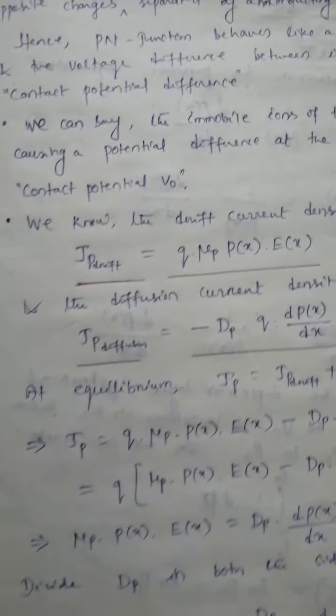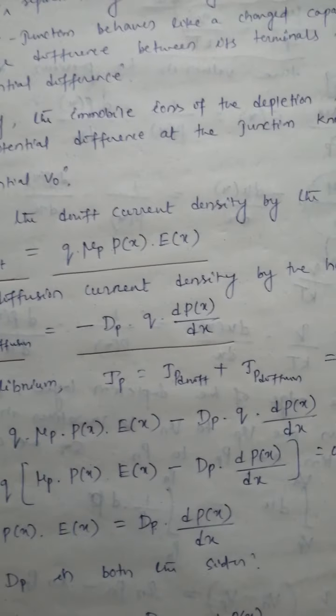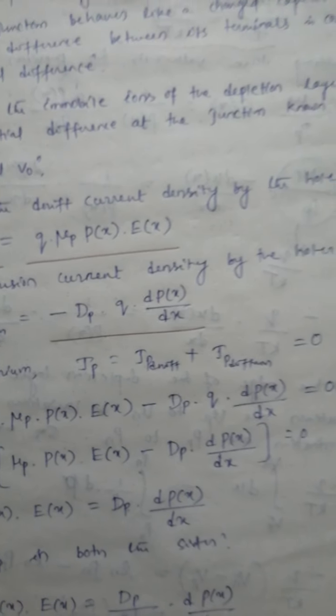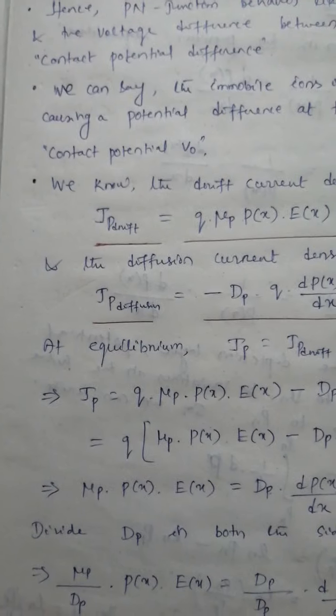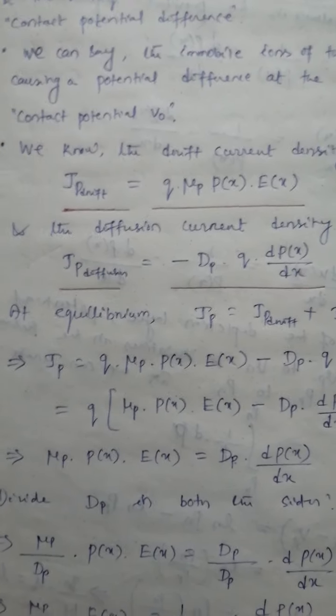This is our desired word. We can say the immobile ions of the depletion layer causing a potential difference at the junction is known as contact potential, or V0. The symbol is V0.